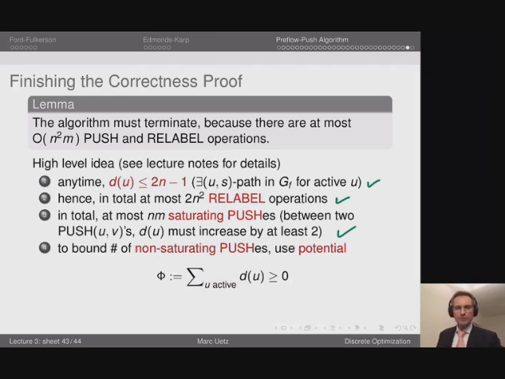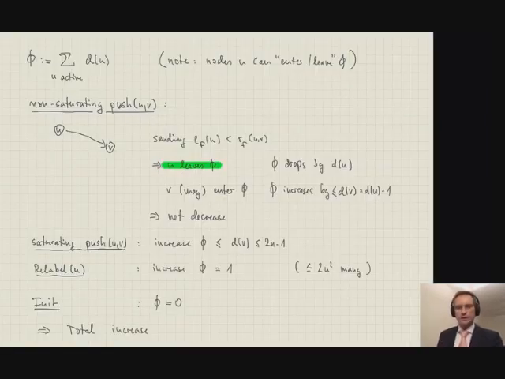So remember what we want to do. We want to get a handle on the number of non-saturating push operations in the algorithm. So the first thing to do is to figure out what effect a non-saturating push operation will have on this function phi. For that, let's have a look at the function. Here's the definition of the function again.